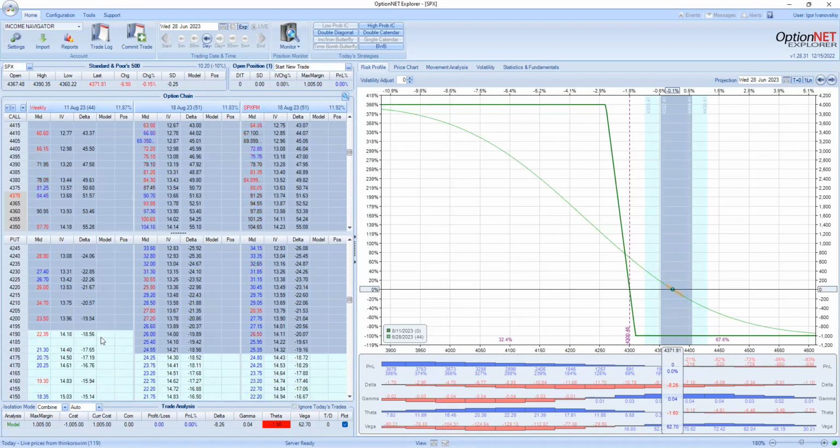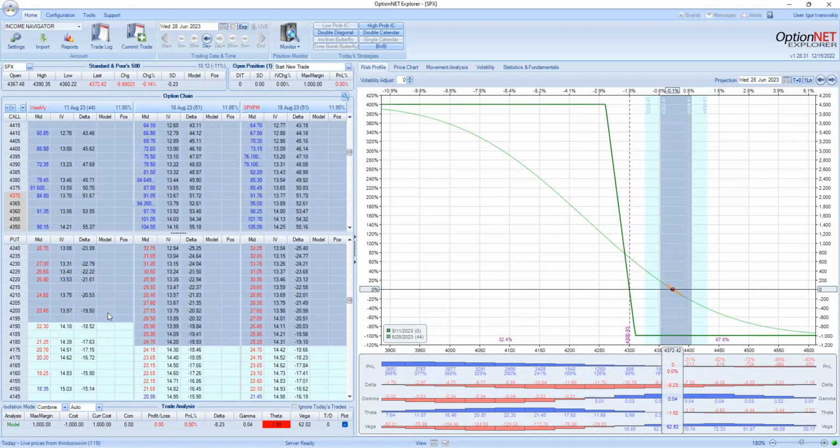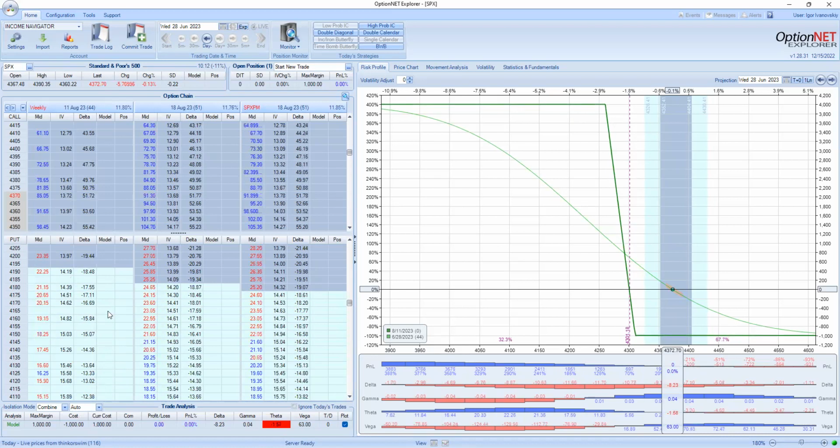Instead of doing that, I'm going to look for a 50-point wide put credit spread that is trading for about $5. And I'm going to sell 2 of these put credit spreads, right? If I'm selling 2 put credit spreads, $5 each, I'm taking in $10 credit, which is going to cover the cost of the put debit spread.